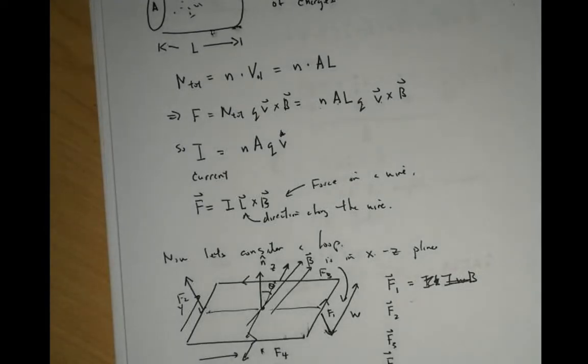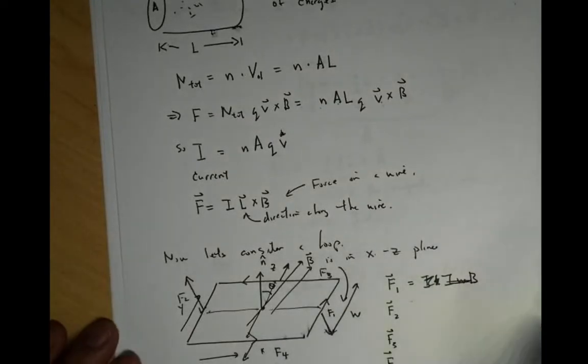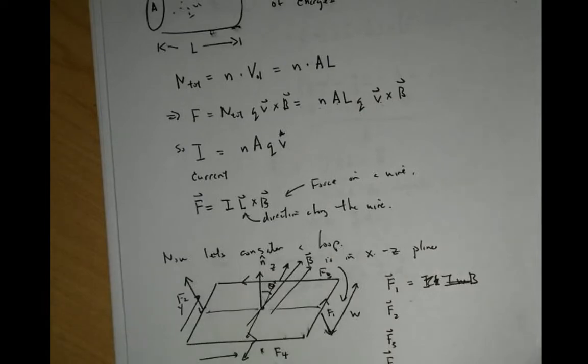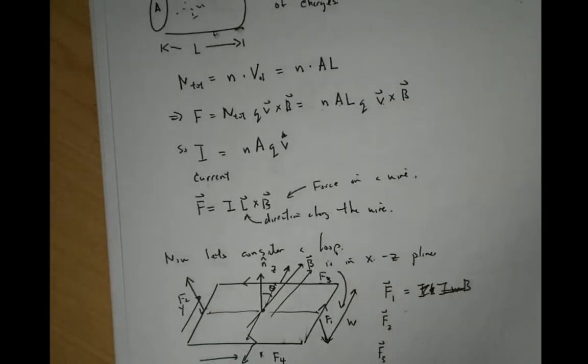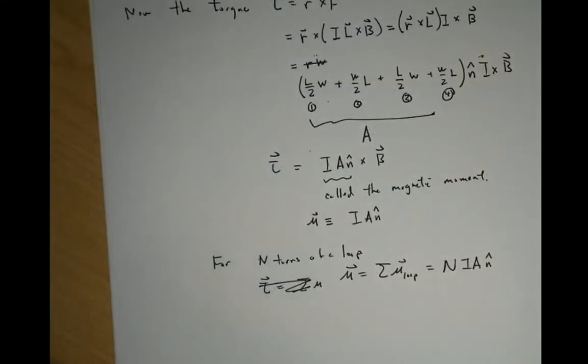Okay, so what we're going to do is redraw this one and actually compute this thing in a way that makes a lot more sense. Okay, so let's first redraw this thing again.